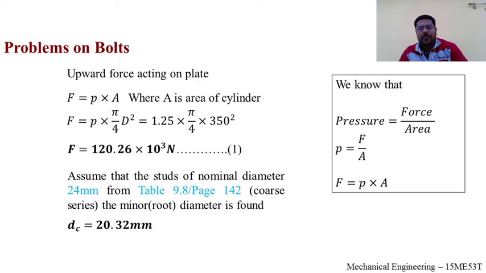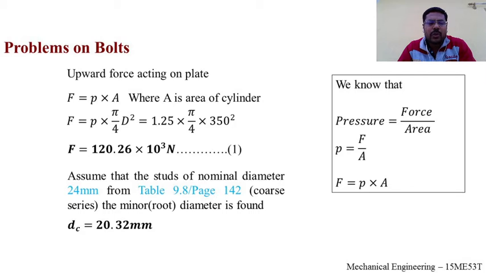Next, the procedure: first find the upward force acting on the plate. We know the formula pressure is equal to force by area, so F is equal to P into area, where A is the area of the cylinder.